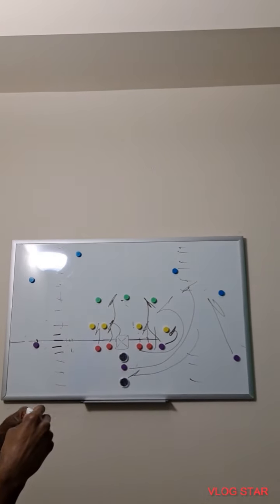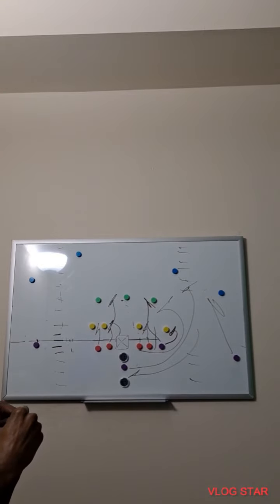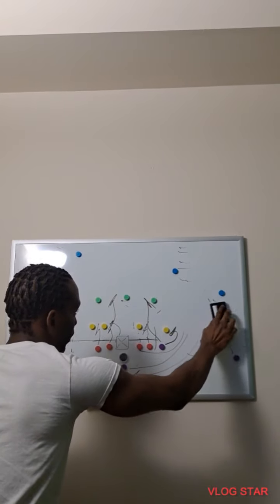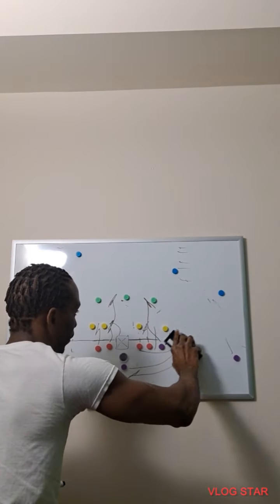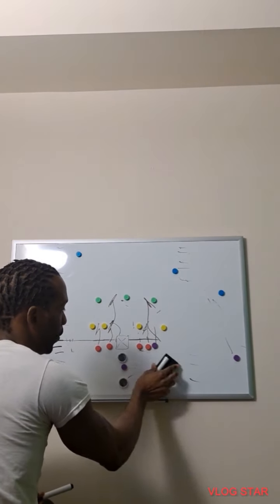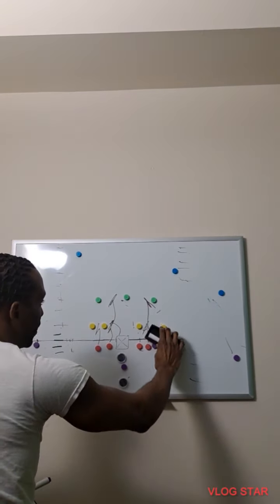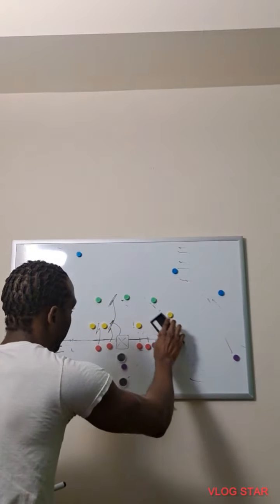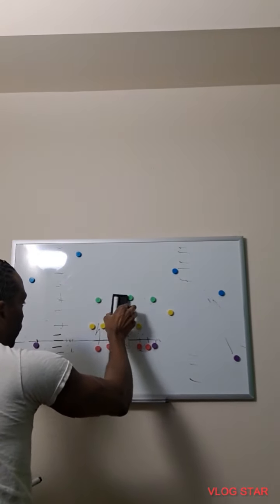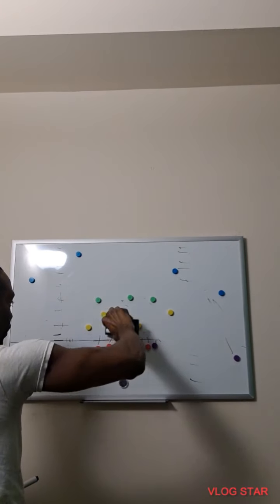Right out. Boom. Cover 4 is not something you really want to be in. I don't think anyone wants to be sitting in cover 4. Cover 4 is something you sit in when you're expecting a pass. You know what I mean? So if a team is just sitting in cover 4, it's not the best idea.